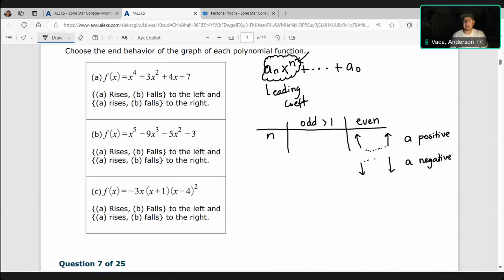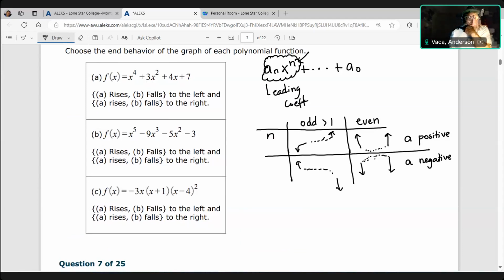So the end behavior of a polynomial with an even leading exponent will be like so when A is positive or when A is negative. What happens when it's odd greater than 1? If A is positive, the end behavior will look like so, and if A is negative, it will look like so.